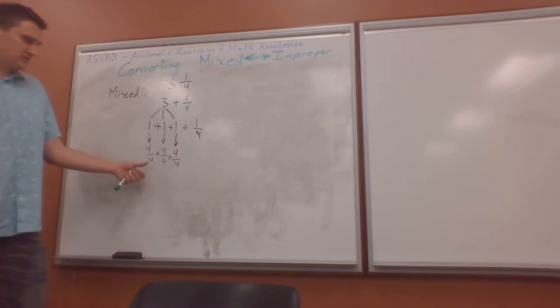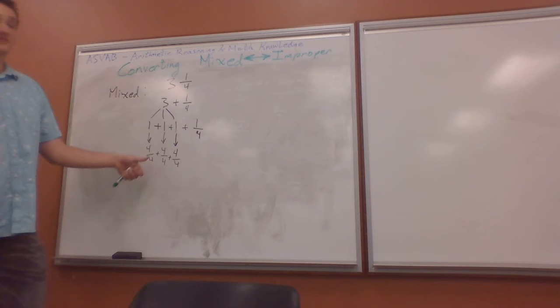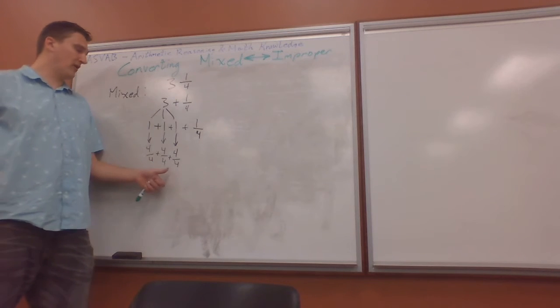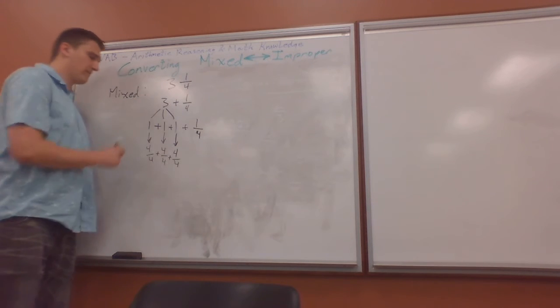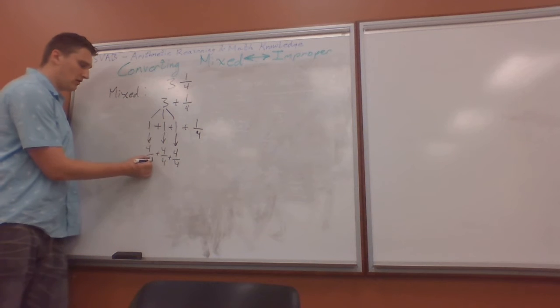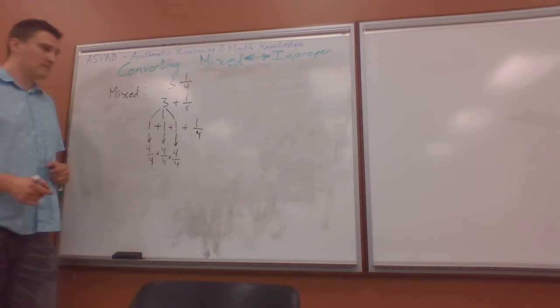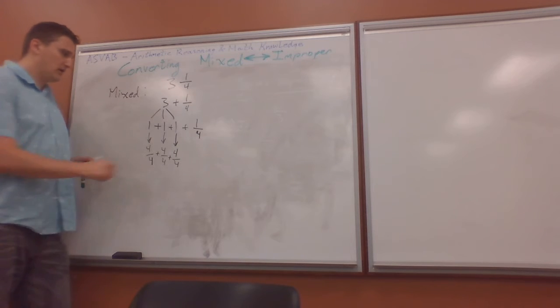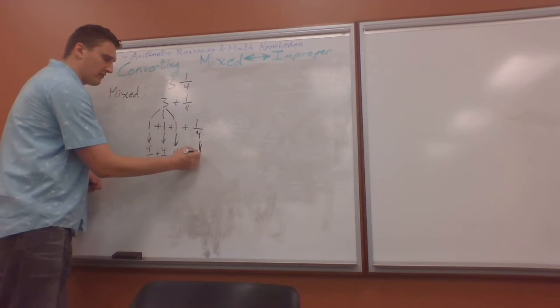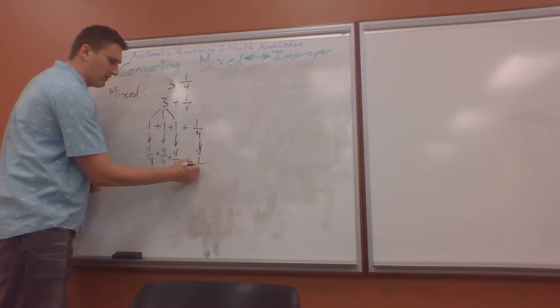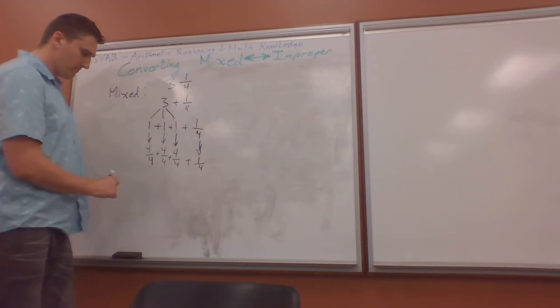So hopefully we understand that 4 over 4 plus 4 over 4 plus 4 over 4 is equal to 3. Simply a whole plus a whole plus a whole, 3 wholes. Okay? And then I'm just going to bring down that 1 other fourth here. So plus that 1/4. That's our part.